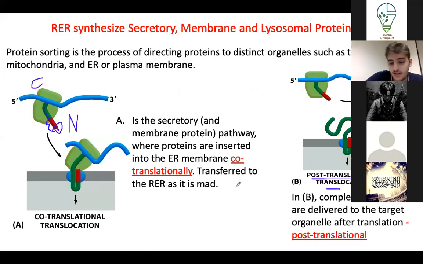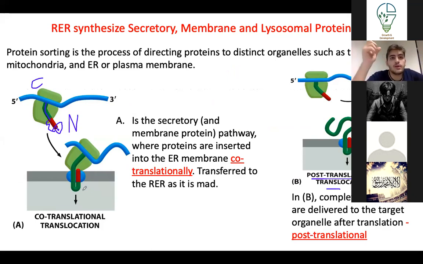Co- and post-translational. I want you to know that the transport to the rough endoplasmic reticulum is co-translational. As it's getting transcribed, actually, the translation halts or stops and then continues in the rough endoplasmic reticulum.